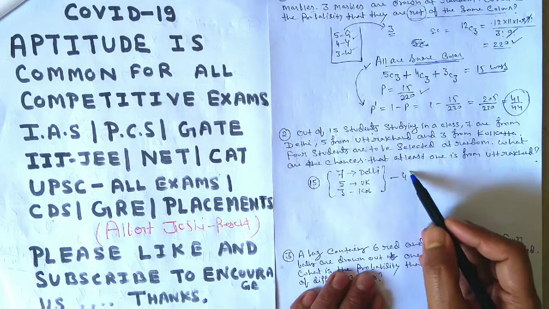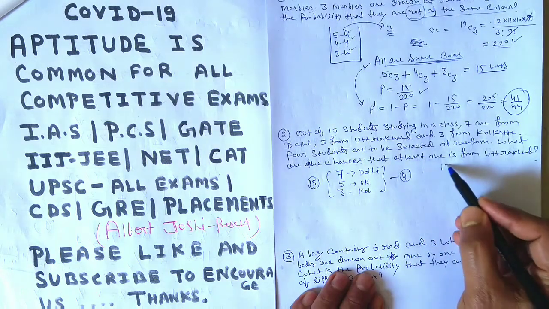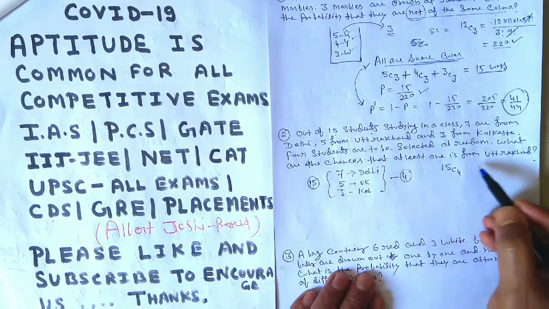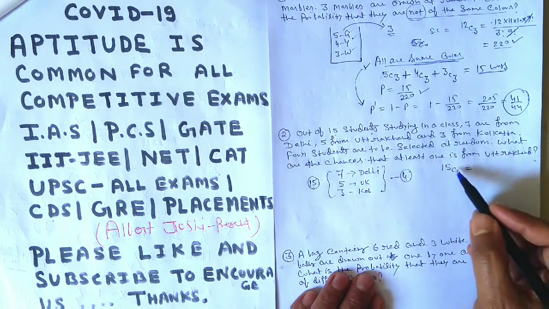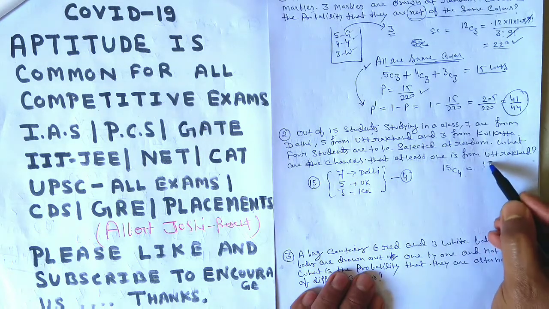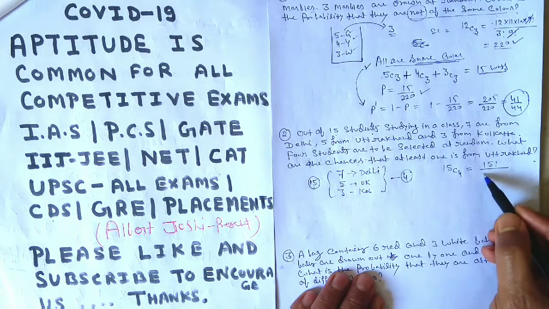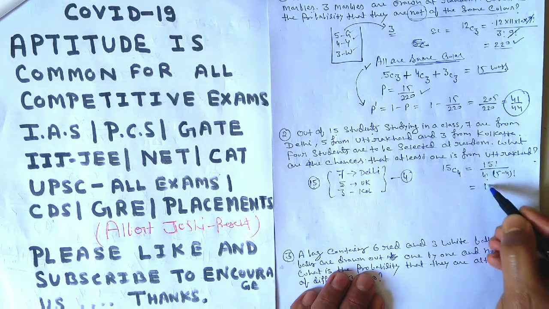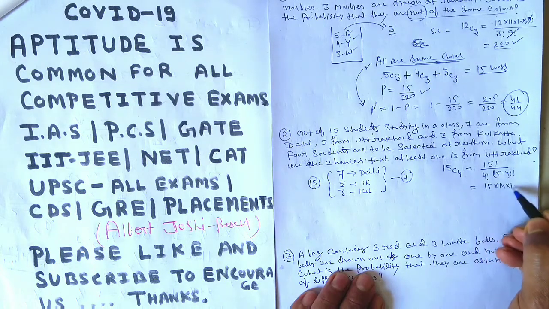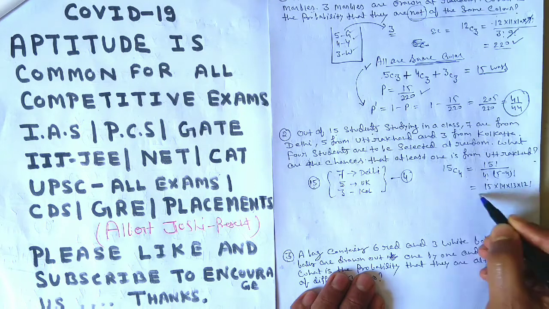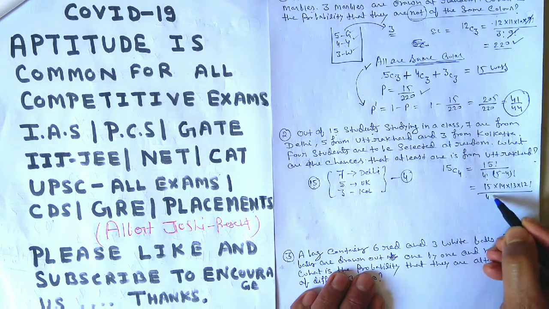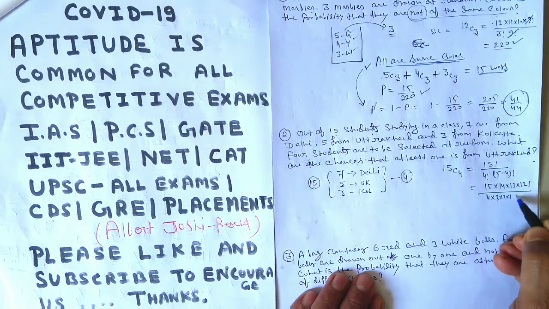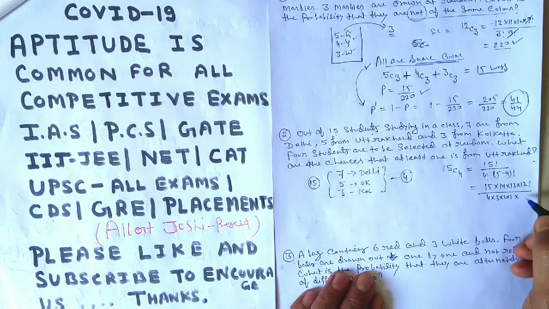Out of 15, you have to select 4. If there are no restrictions, then this is 15C4. Then you will calculate it: 15 factorial upon 4 factorial into 15 minus 4 factorial. So your answer is 15 into 14 into 13 into 12 factorial upon 4 into 3 into 2 into 1 into 15 minus 4 is equal to 11 factorial.